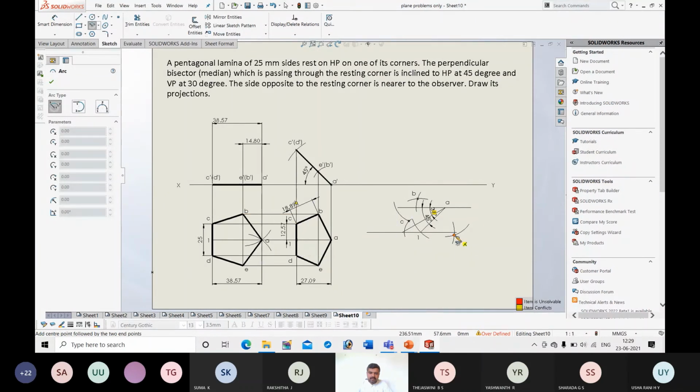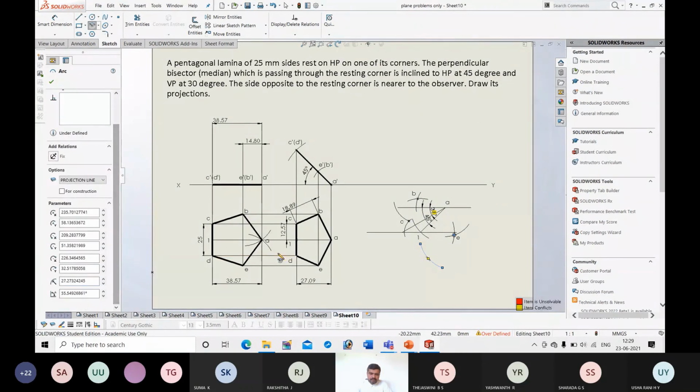So from E, I will draw an arc, taking E to D as radial distance, that is 18.89.